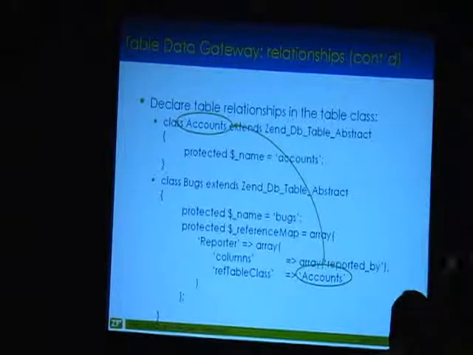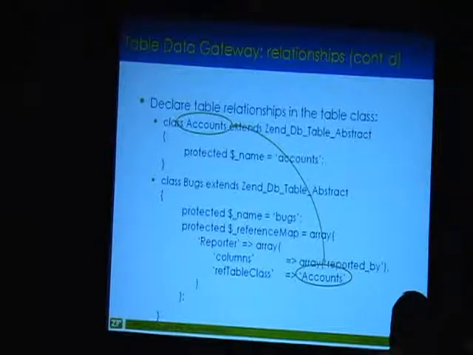So this is a declarative way of specifying the relationship. You don't have to write any code, you don't have to override any methods or implement any functions in the class. It's purely a data declaration that you put into each respective dependent table class.